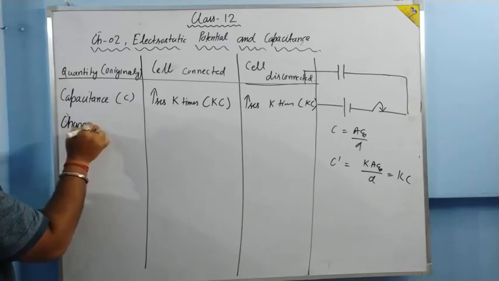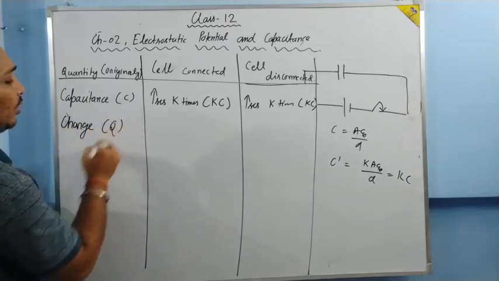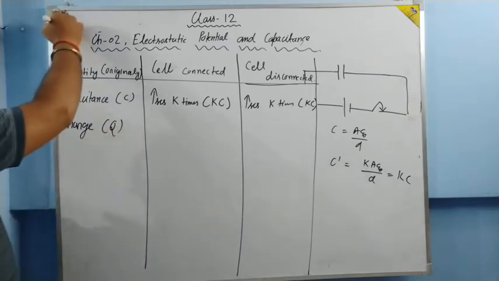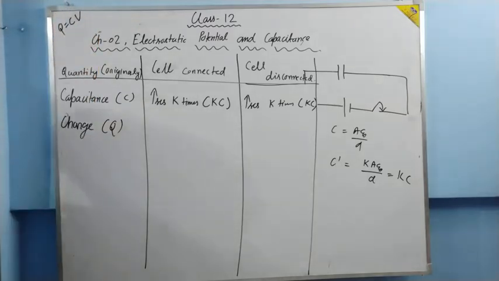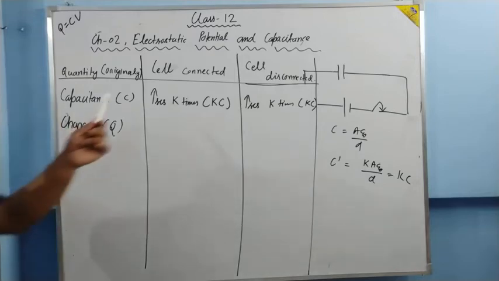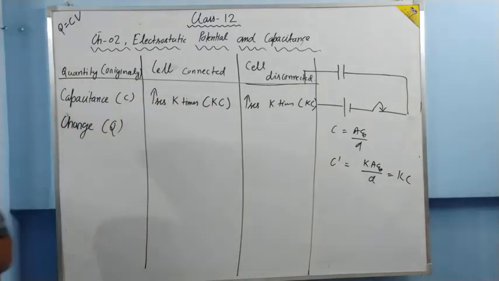Charge. Originally let it be Q. We know that Q is equal to CV. Capacitance increases K times. If the cell remains connected, then what happens? See, because the dielectric slab is inserted now, the capacitance changes, and therefore the need of charge will change.